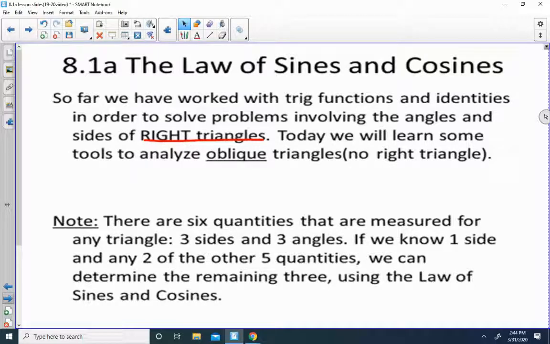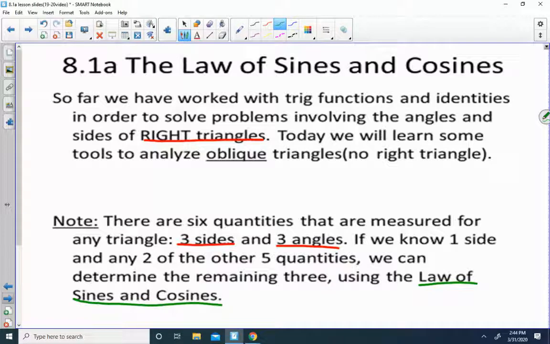As you know, there are always six quantities that each triangle has: 3 sides and 3 angles. Now, if we know one side and any 2 of the other 5 quantities, we'll be able to determine the remaining 3 using the laws of sine and cosine.